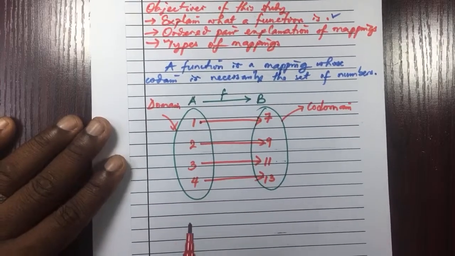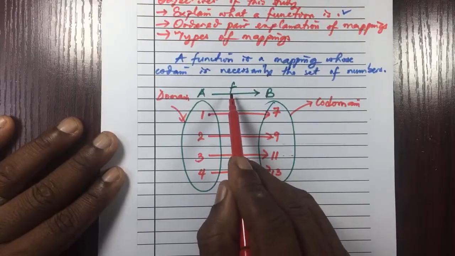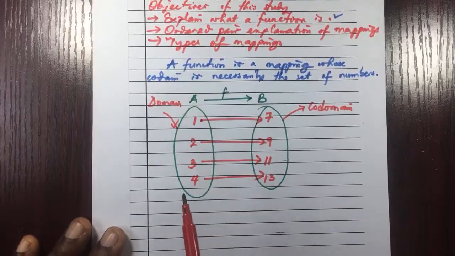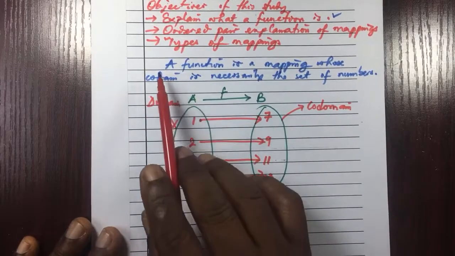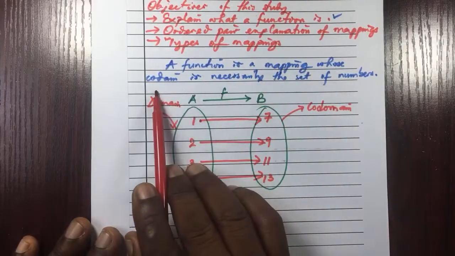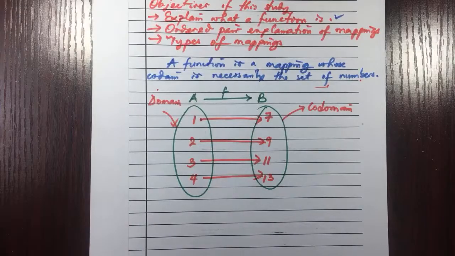Now, the question is this: is this mapping a function? Again, what is our definition of functions? Our definition of function says a function is a mapping whose codomain is necessarily the set of numbers. But what I'm trying to explain here is that the definition goes a little bit beyond what we have just defined.